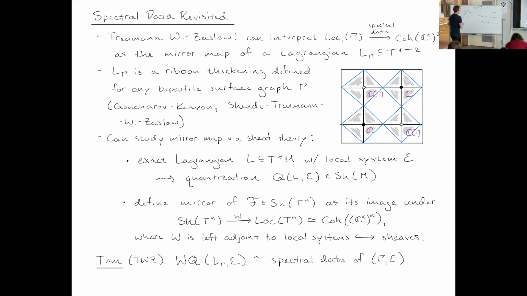And then the idea of this quantization would be that, in particular, if you started with a Lagrangian that looked like a smoothing of this singular support, you would recover the original sheaf. So for example, if we took L to be something like that, then Q of L, so L is contractible, so just take the constant sheaf.